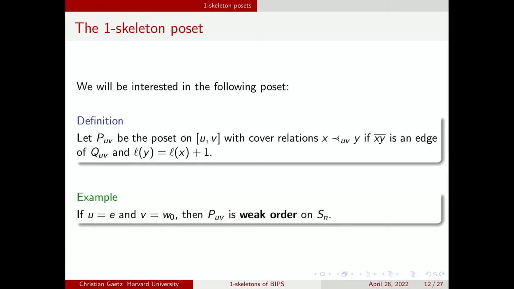Question. Yes? Do you need the condition length of y equals length of x plus 1? No, that's implied. That's a good point. So this is implied, but in particular, this poset has the same rank structure as usual Bruhat order. It's just weaker. Okay. Other questions?